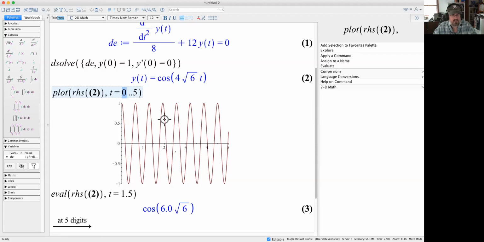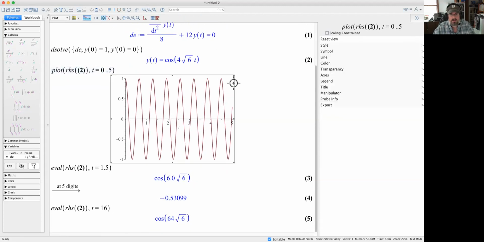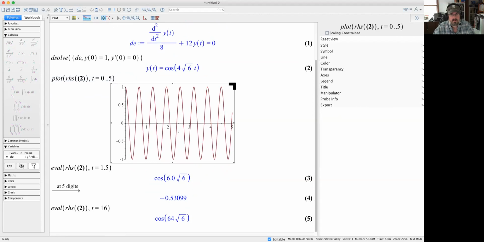Can you guys see it okay? Is it big enough for you to be able to see? Let me see if I can bump up the size here. Maybe I can do that. I don't know. But when t equals 2, it looks like it's right about here. So I would call that 0.7.